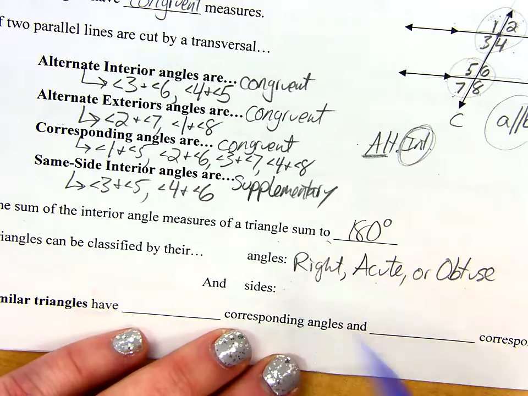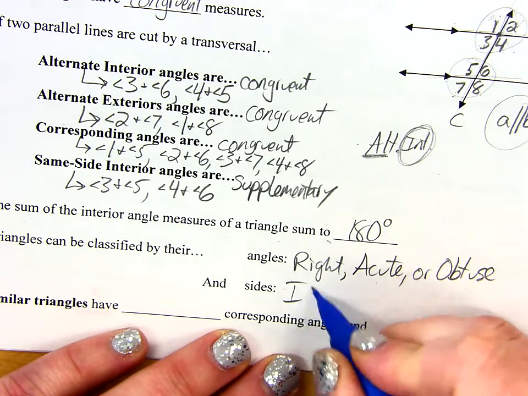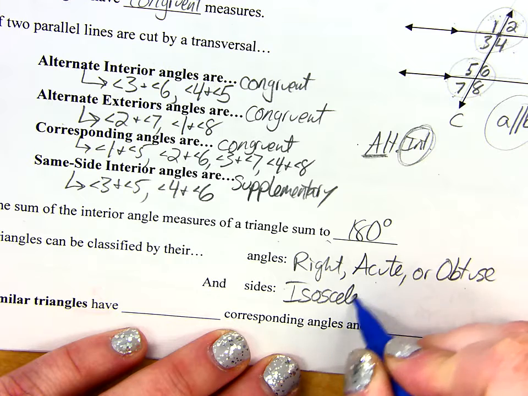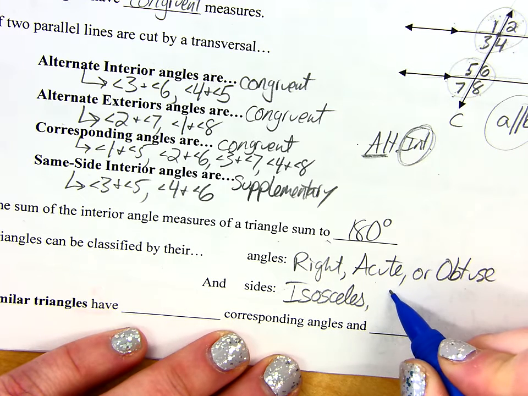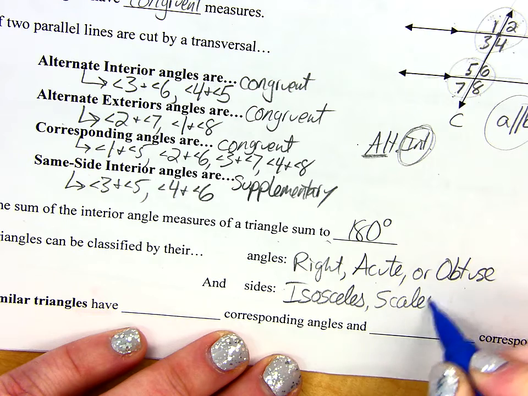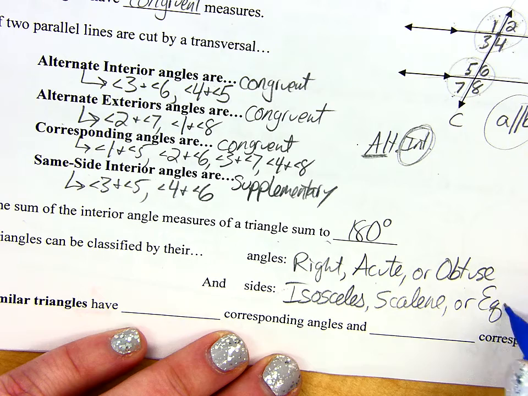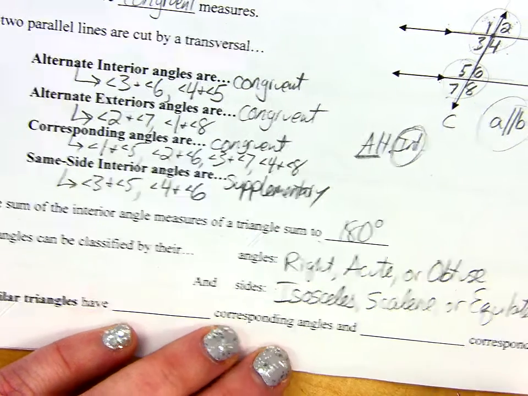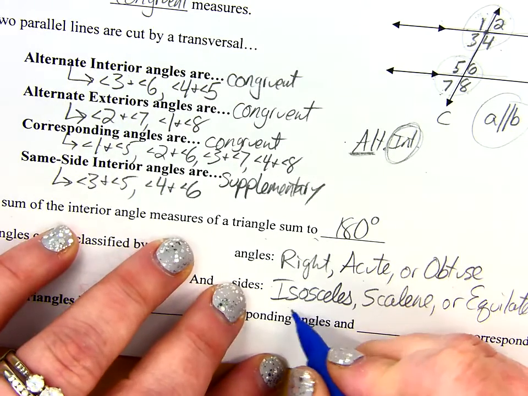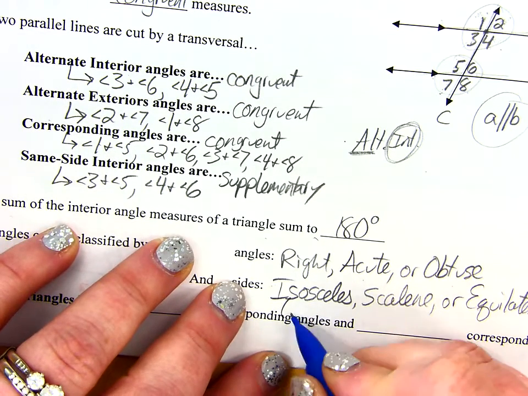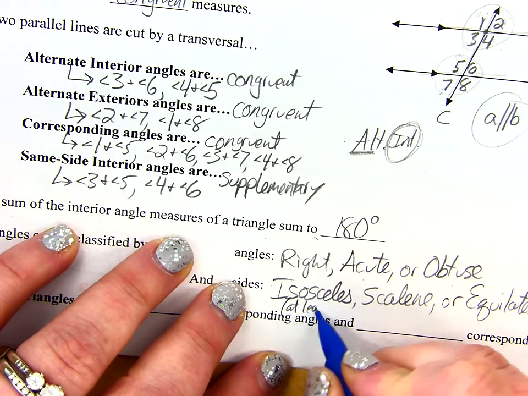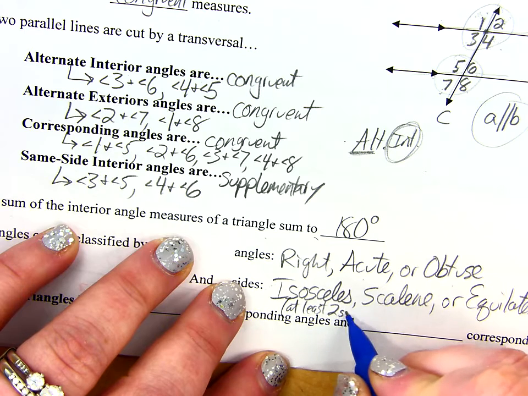And then by sides, you said isosceles, right? Isosceles? What are the other words? Scalene and equilateral. Yes. Do you remember what these all mean? Isosceles means you have at least 2 sides congruent.